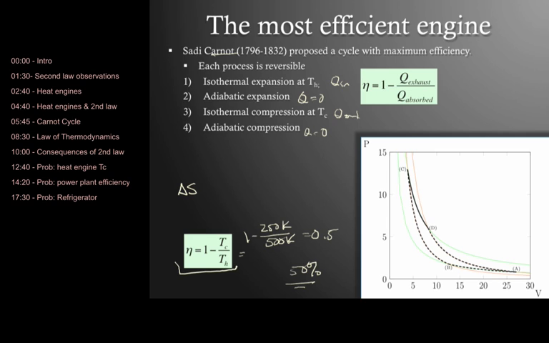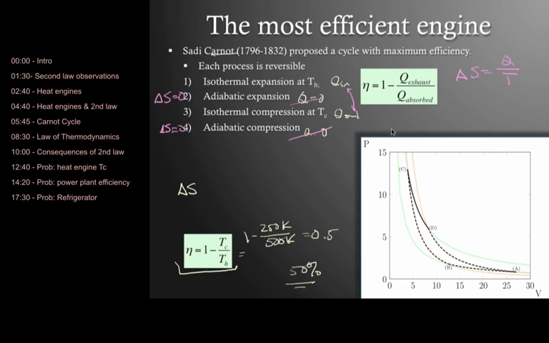So for these two adiabatics, Q is 0, and we know that the change in entropy is going to be this, basically the heat exchanged over the temperature. So for these adiabatics, we are not changing the entropy of the system. And for these isothermals, the Q in and the Q out are equal to each other.